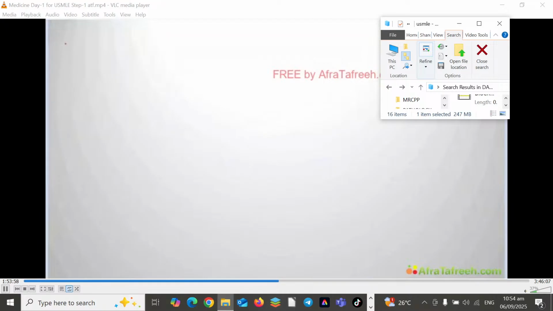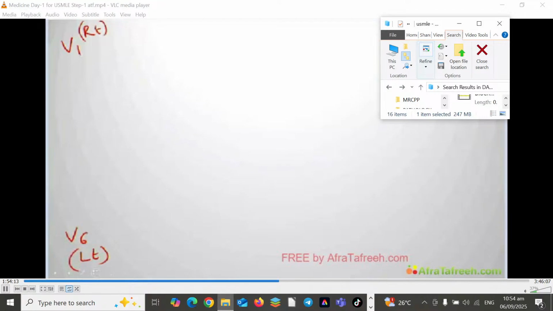So when we are talking about V1 and V6, V1 is looking at the right side of the heart and V6 is looking at the extreme left side of the heart. This much is clear, right? We'll get to that, Pune. V1 is looking at extreme right, V6 is looking at the extreme left, in the axilla.